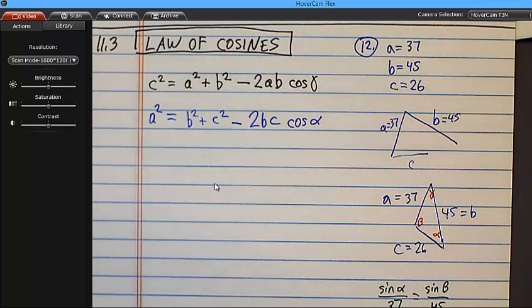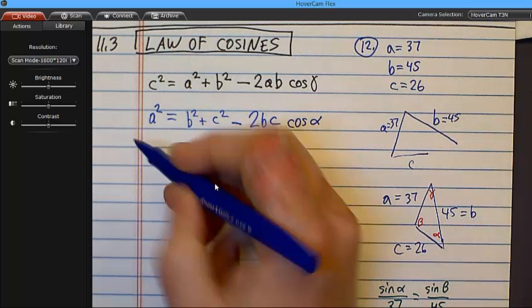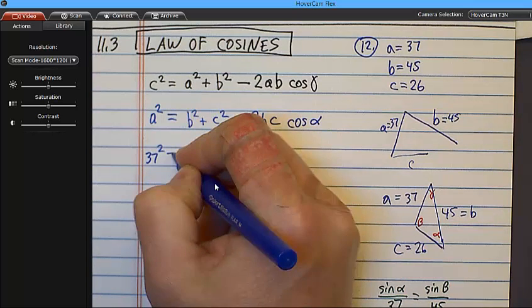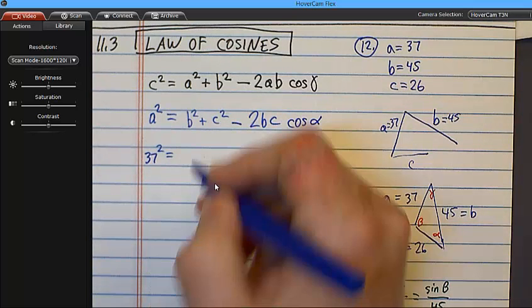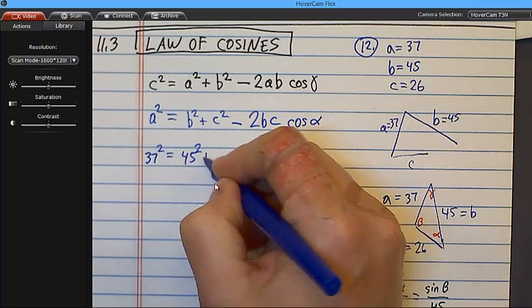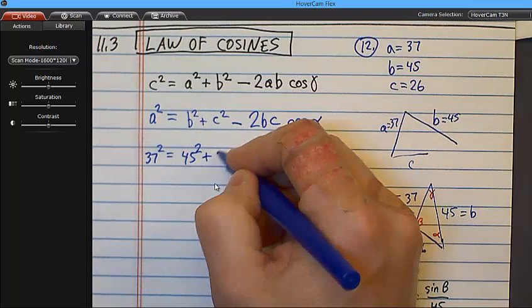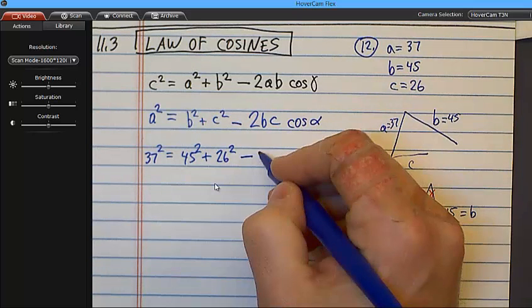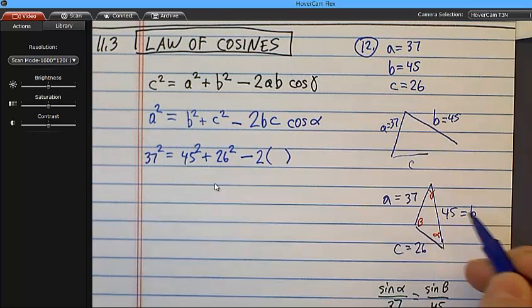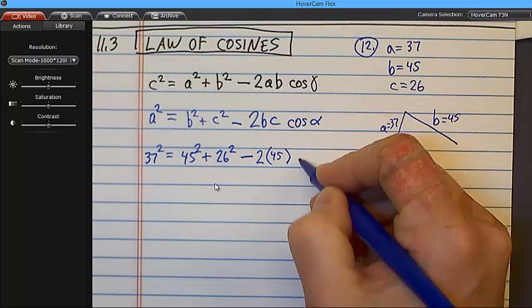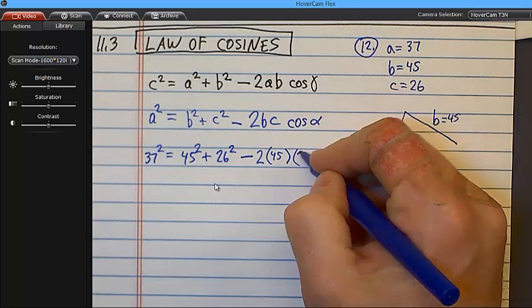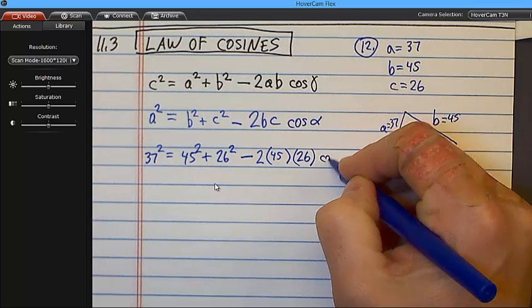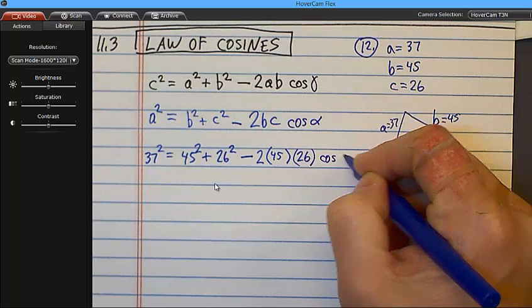I could fill everything in. Let's see what I have. I have a squared, so I'll say 37 squared equals 45 squared plus 26 squared minus, and then I'm going to use parentheses here, 2 times 45 times 26 cosine alpha.